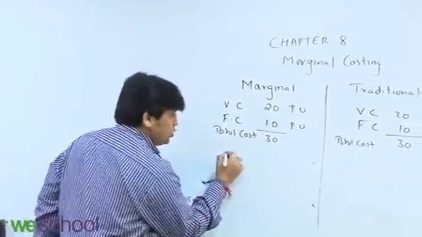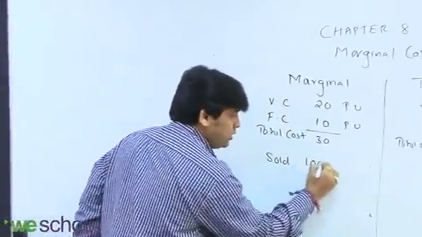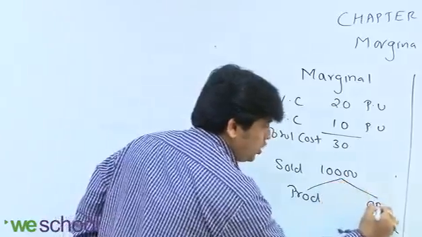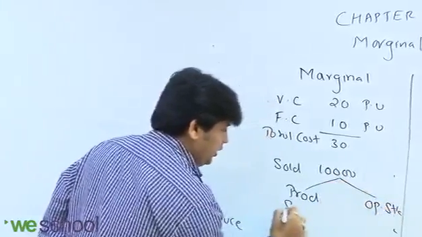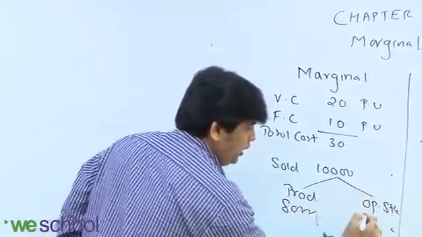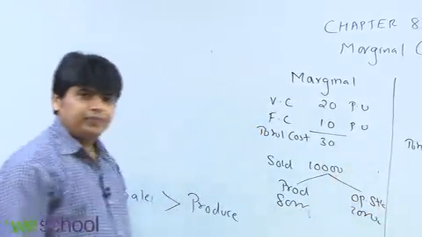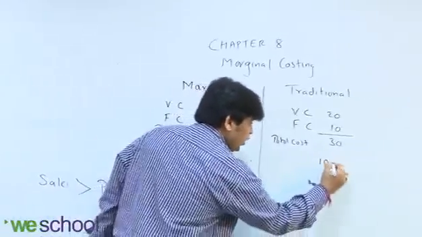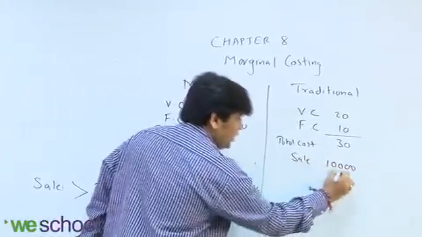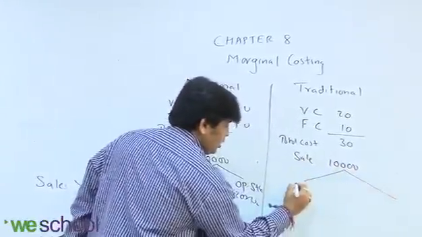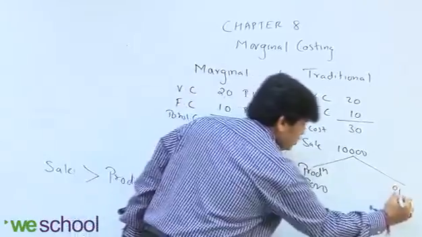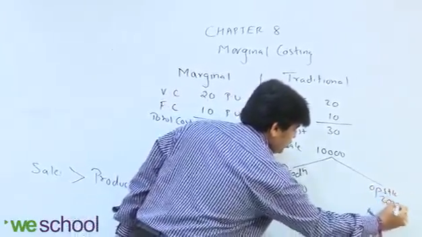Same example I am giving you, but now sales are 10,000, and production is 8,000 and opening stock is 2,000. 10,000 is the total sale. Production is 8,000 and opening stock is 2,000.